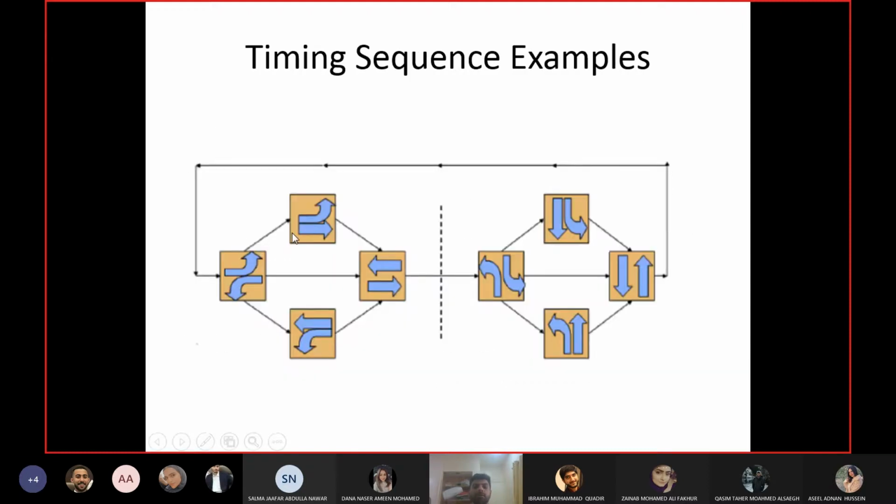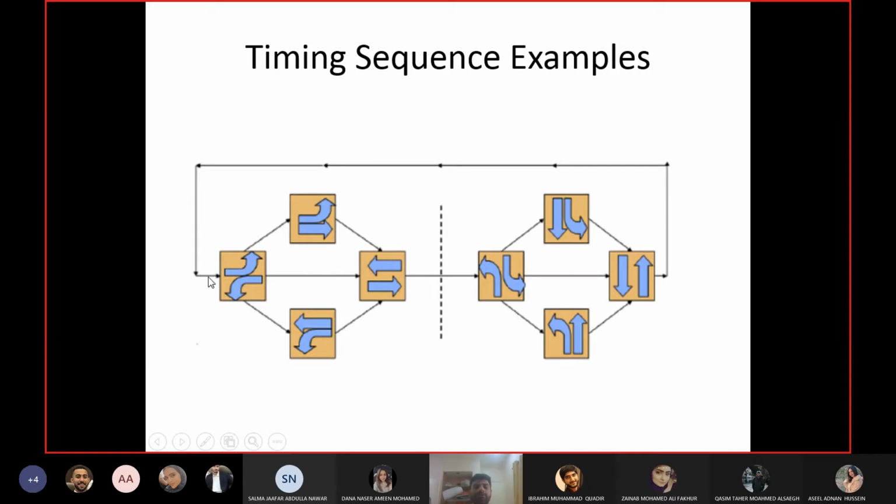This is a phasing sequence example. It's just an example. As I said, you can develop your own using any innovative approach. This is not the only signal timing sequence or phasing sequence.